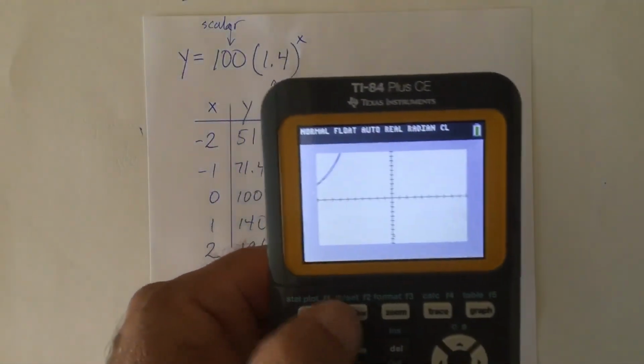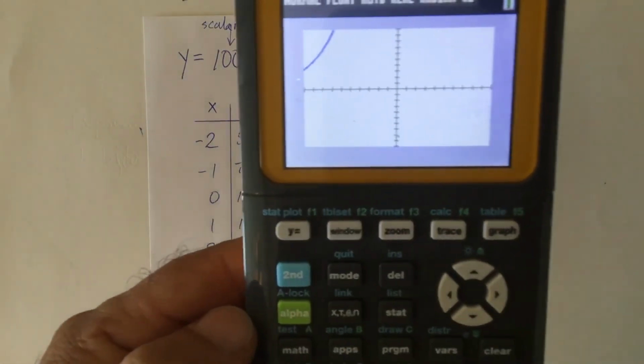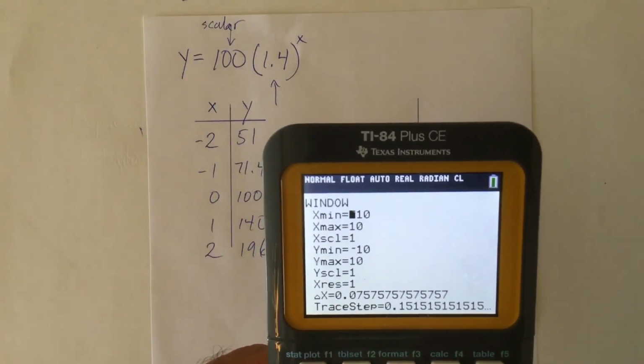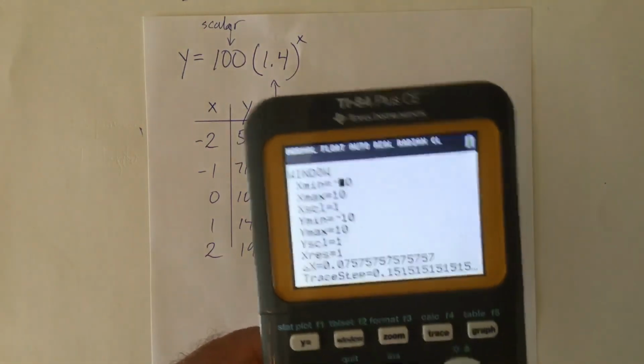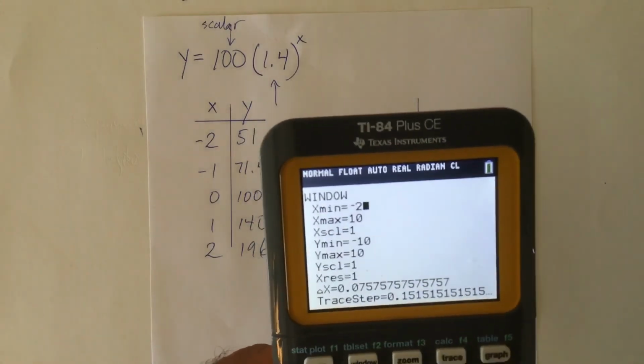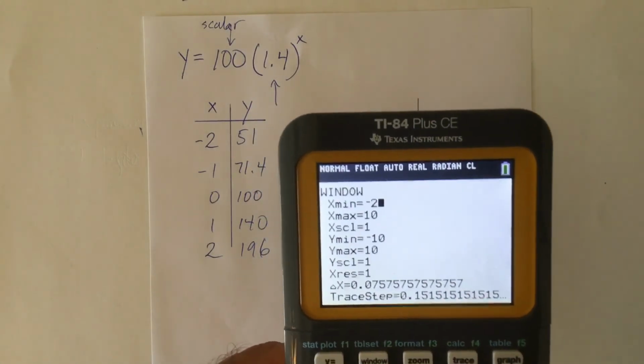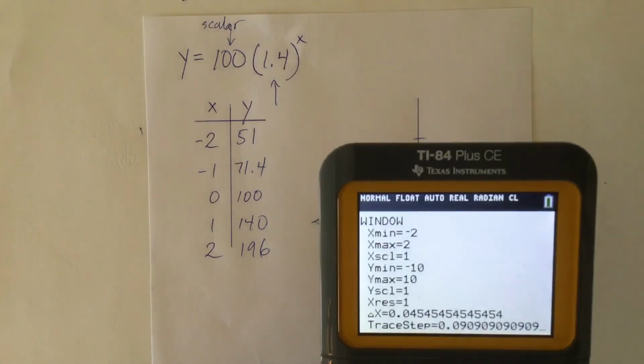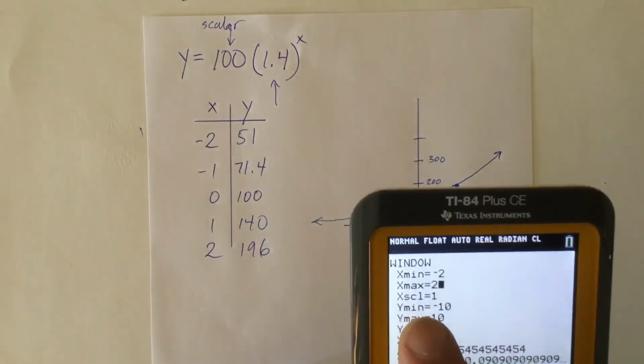Well, let's go to the window. So I'm going to go to the window. Now, once again, my x's, I only plugged in -2 dashes. I'm going to hit delete right there. X max, I'm going to make that say 2, and I'm going to delete this. My scale on the x-axis never changed.